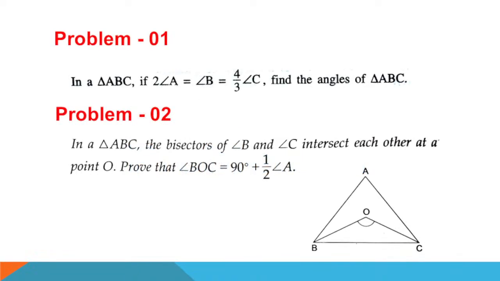In triangle ABC, if twice of angle A equals angle B equals 4 by 3 of angle C, find the angles of the triangle.